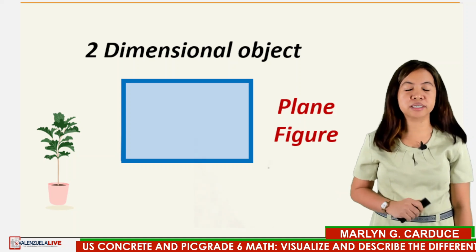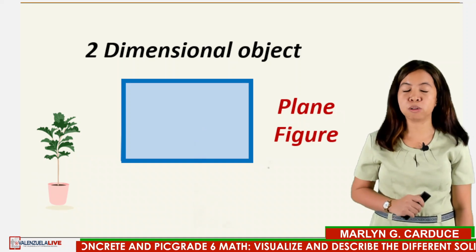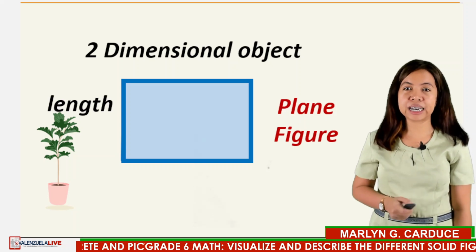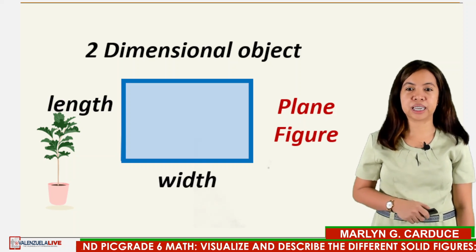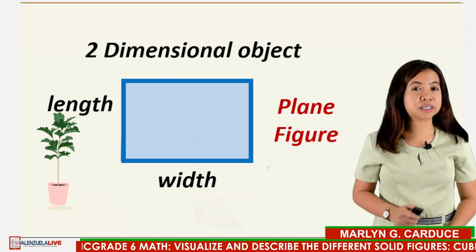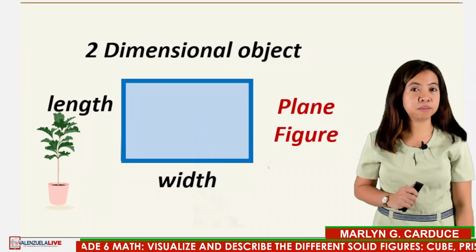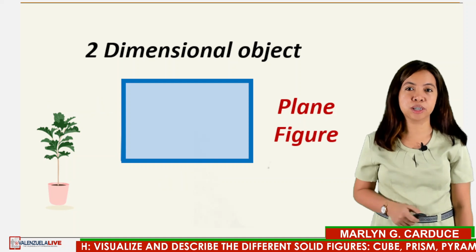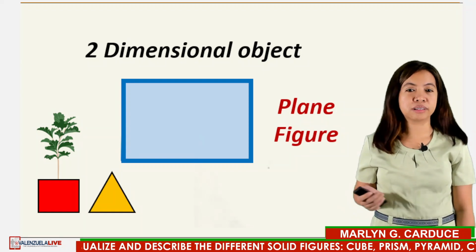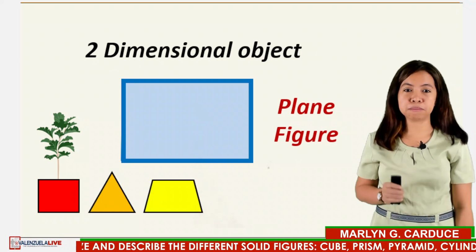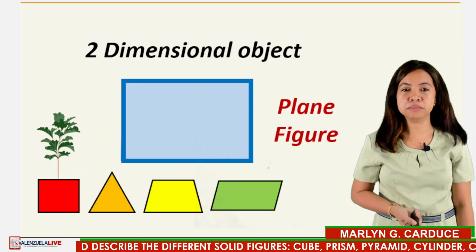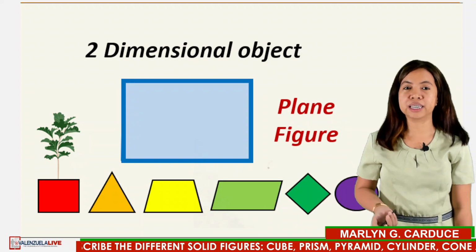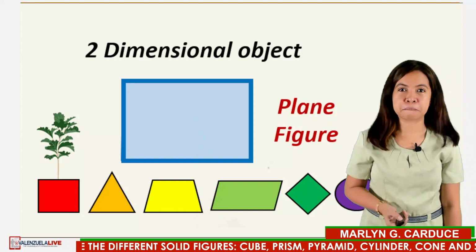Plane figures are measured by two-dimensional quantities called the length and the width. This rectangle is not the only example of plane figures. We also have different examples such as square, triangle, trapezoid, parallelograms, rhombus, and circles.